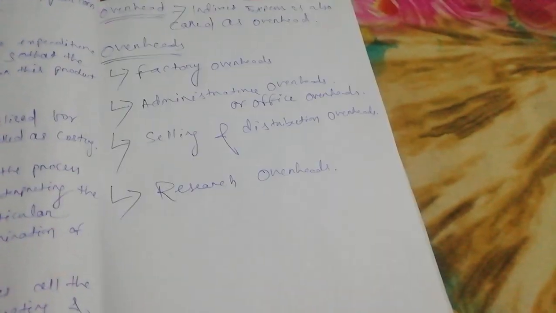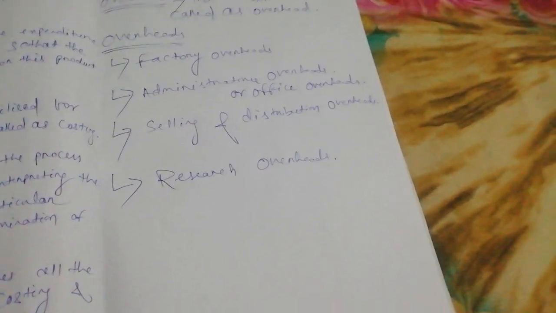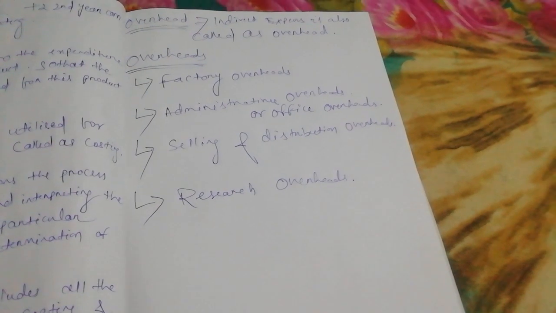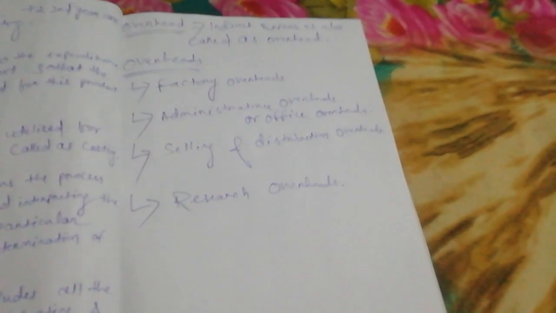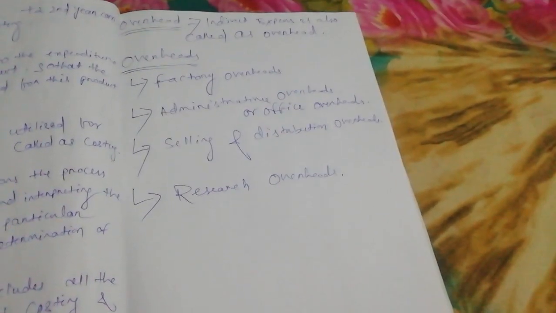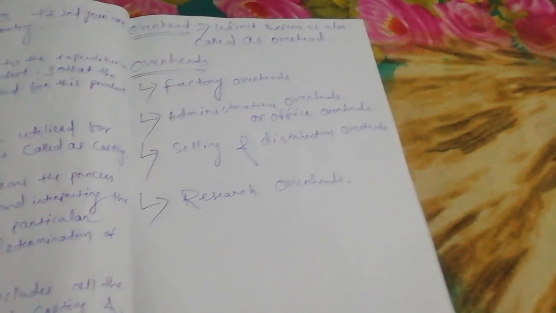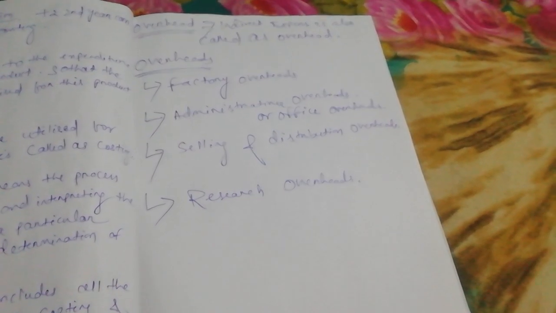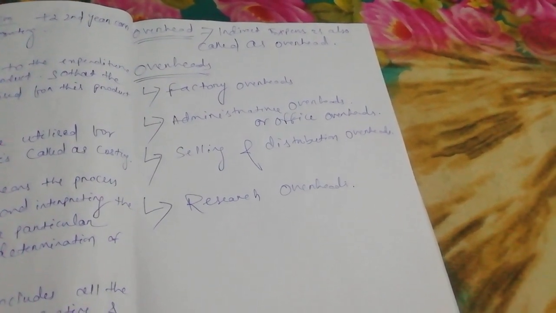Third one is the selling and distribution overhead. The selling expenses such as salesman salary, warehousing charges, delivery van charges, like this. Research overhead and selling distribution overhead are similar, because in the cost sheet we have taken three types of overheads.